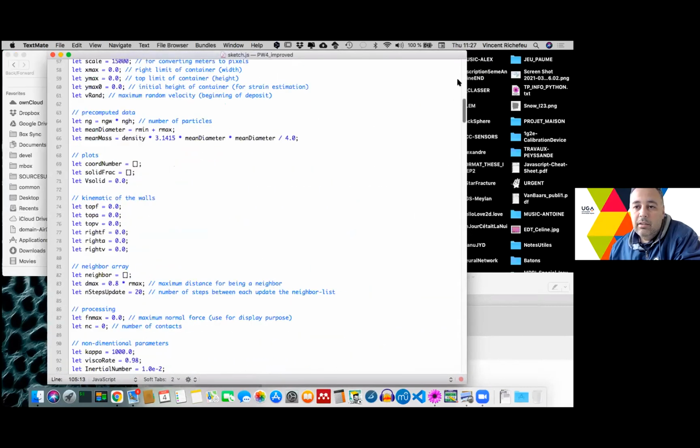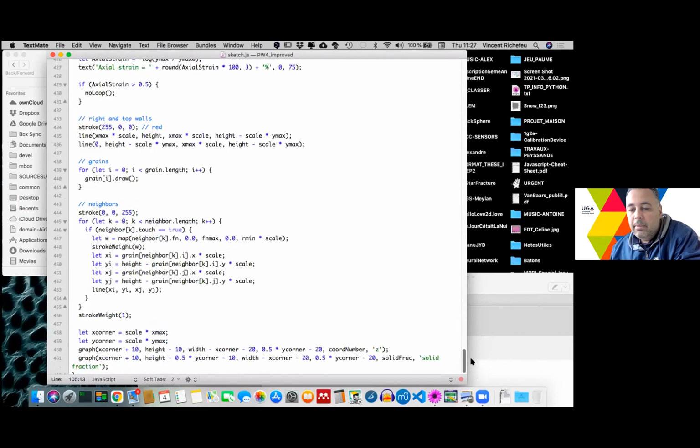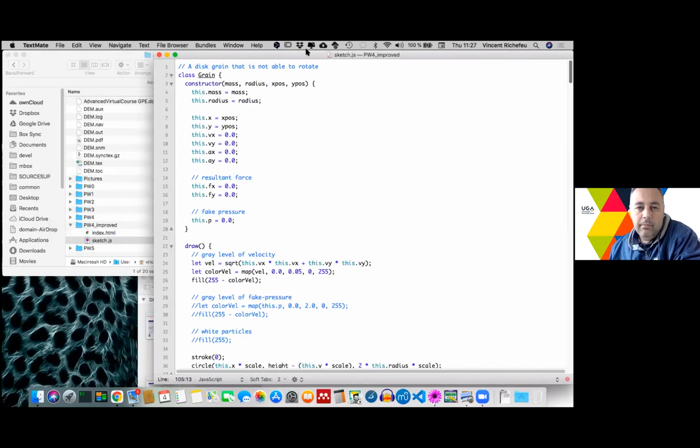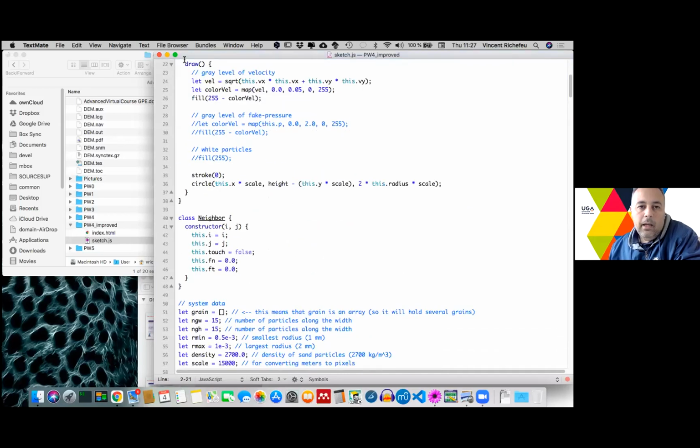But anyway, this may appear as something long, but actually there's nothing in the code. So here I define what a grain is. This time I've got kinematic parameters, the resultant force.